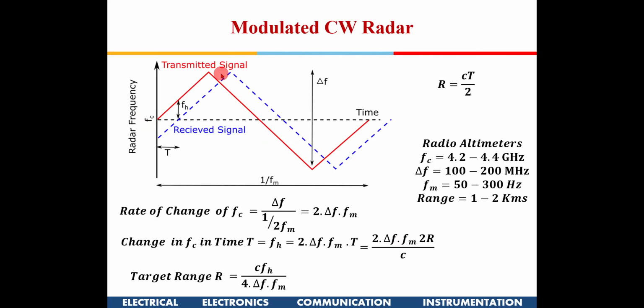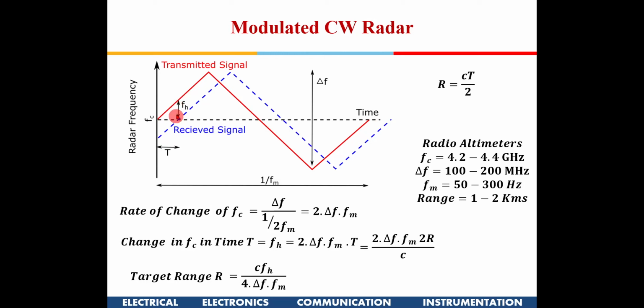And subsequently we discussed modulated CW radar, wherein the transmitted wave was being continuously modulated. So it was not a fixed frequency that was being transmitted continuously. The transmitted signal was different, and then the received signal is shown out here in the blue dashes.